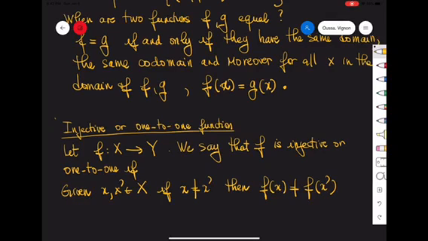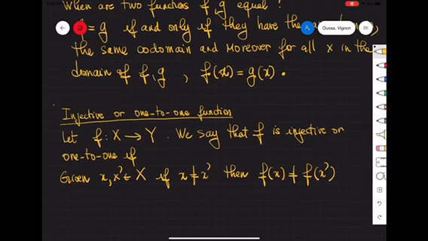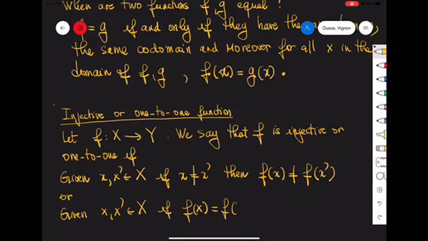Also, this definition is equivalent to the following. If given little x and x prime in X, if f of x is equal to f of x prime, then x must be equal to x prime.